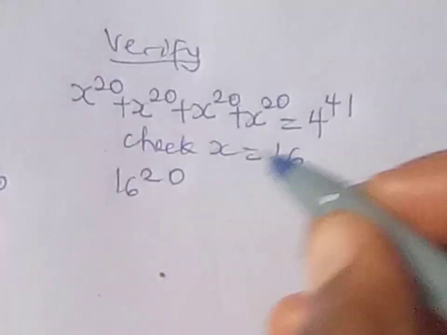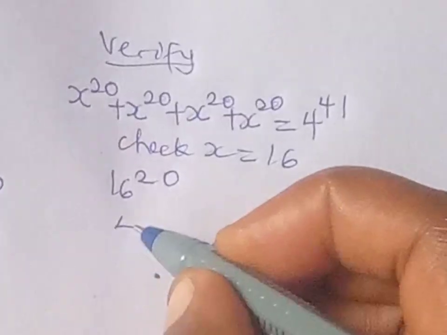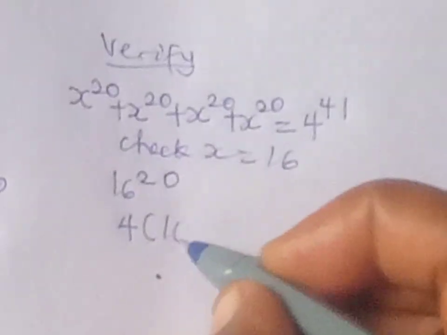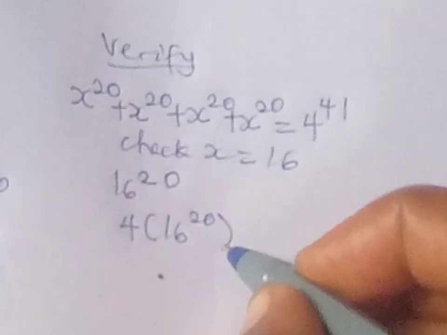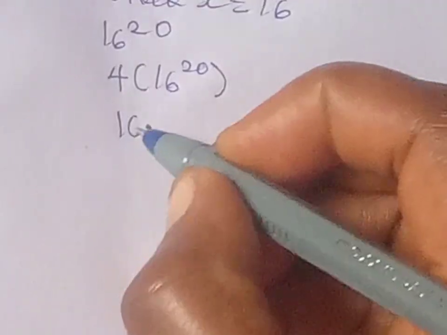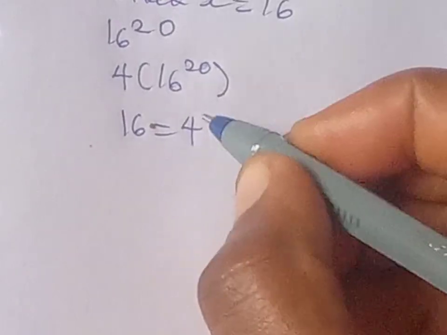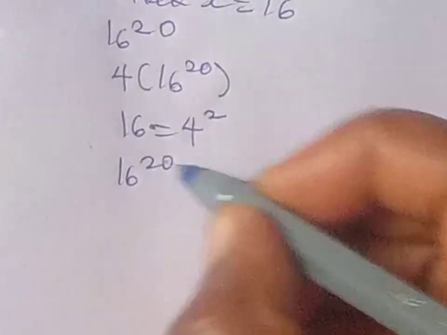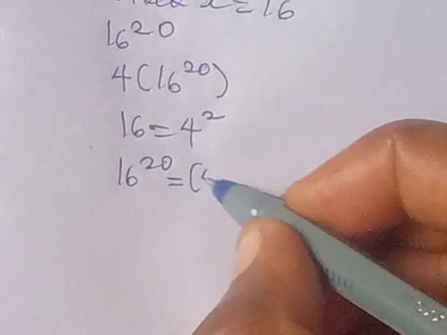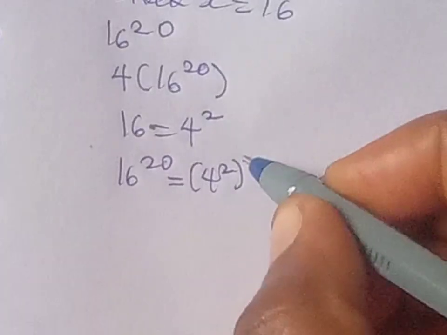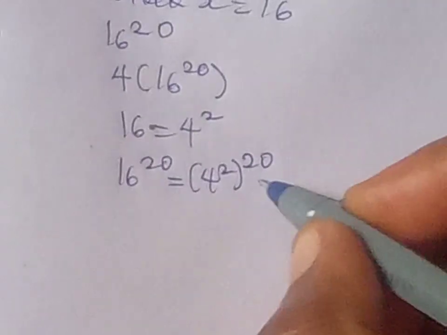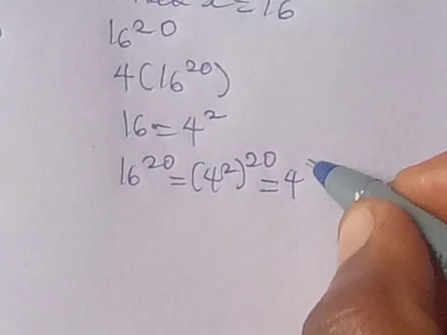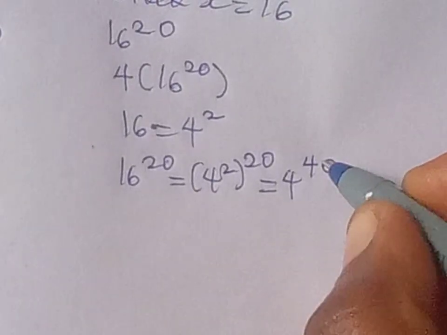Now let's add them 4 times, which will give us 4 times 16 raised to the power of 20. 16 equals 4 square. Then 16 raised to the power of 20 equals 4 square raised to the power of 20, which is equal to 4 raised to the power of 40.